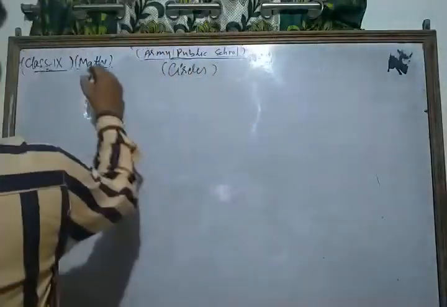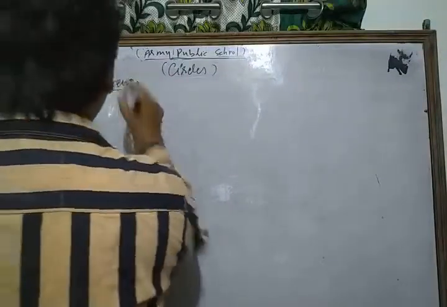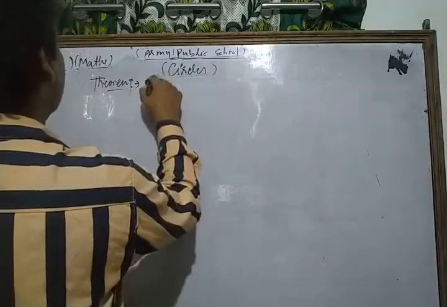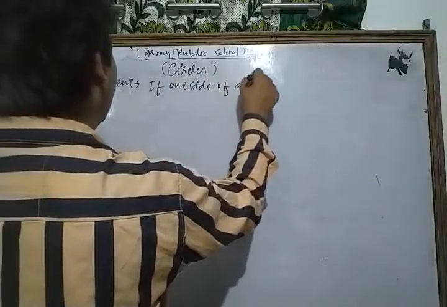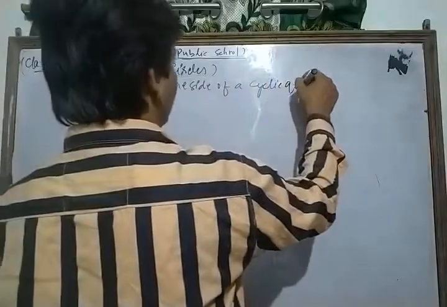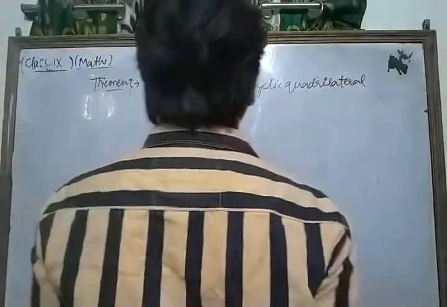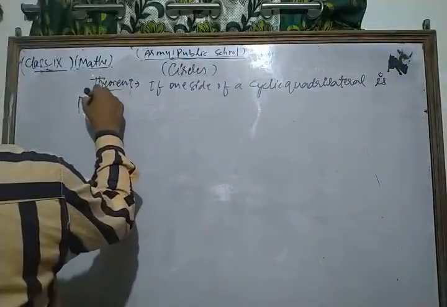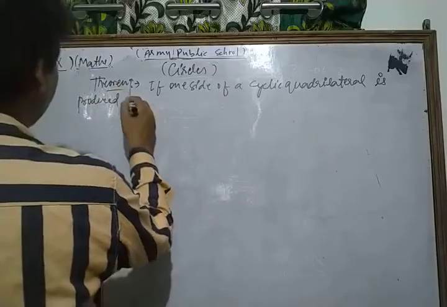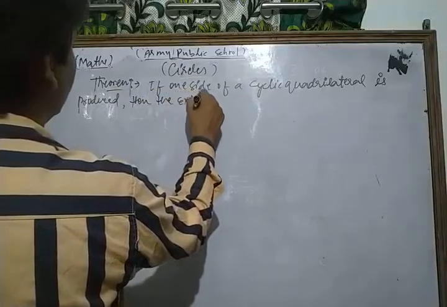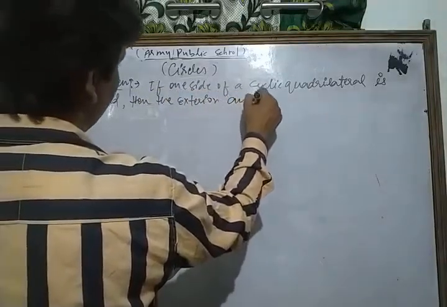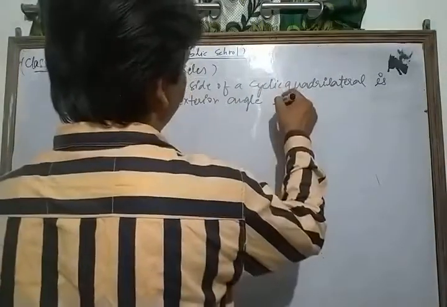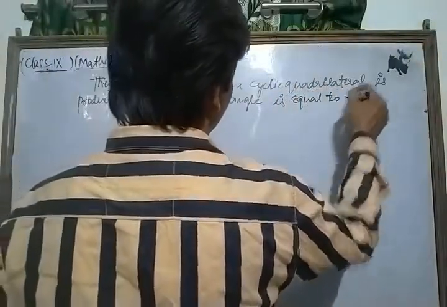Now we take some other important theorem related to that topic, and your theorem is: if one side of a cyclic quadrilateral is produced, then the exterior angle is equal to the interior opposite angle.